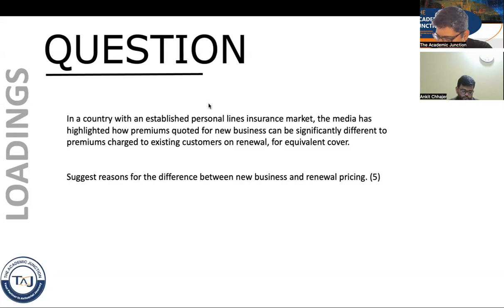There has been a change in the underwriting cycle. It has moved, let's say, from the soft market towards the hard market. But we can't increase the price for the existing customers who are in the renewal pricing, so for the new customers we're charging higher.